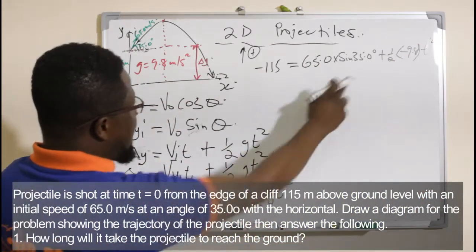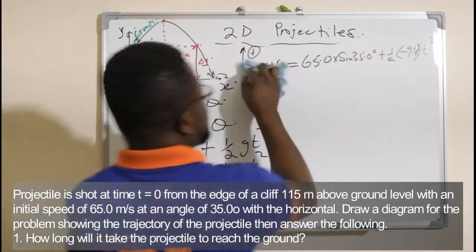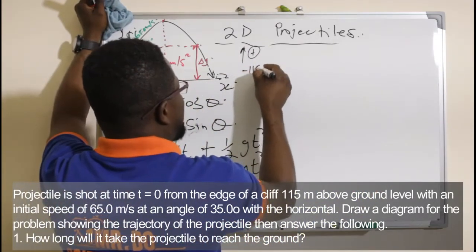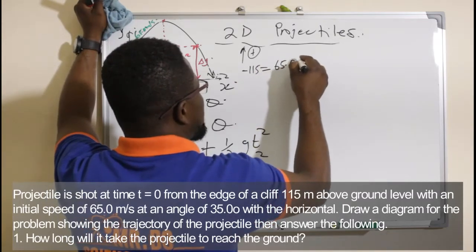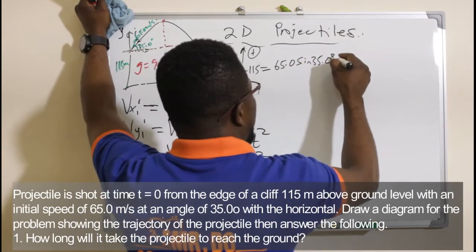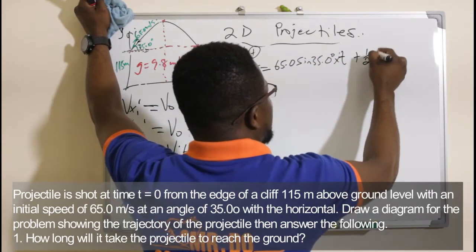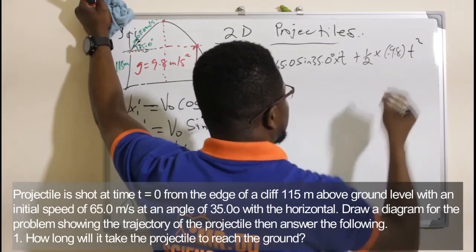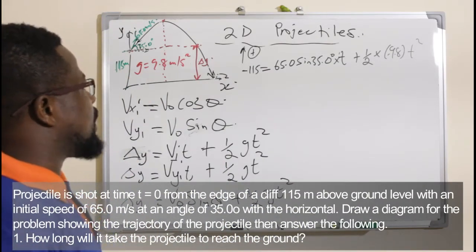Oh, remember there is a t that we have left out. Let me clean the board and give more space. So we will have negative 115 equals 65.0 multiplied by sine 35.0 degrees, multiplied by t, plus half multiplied by negative 9.8 multiplied by t squared.